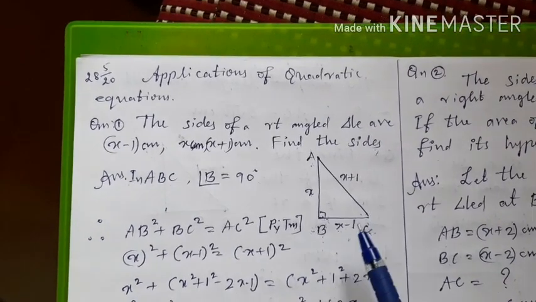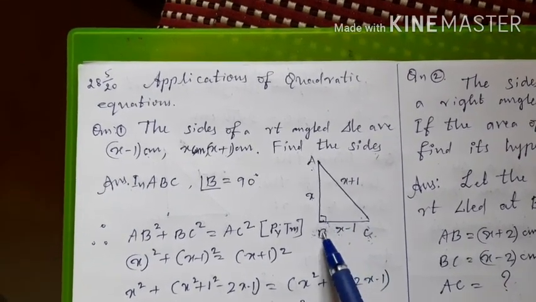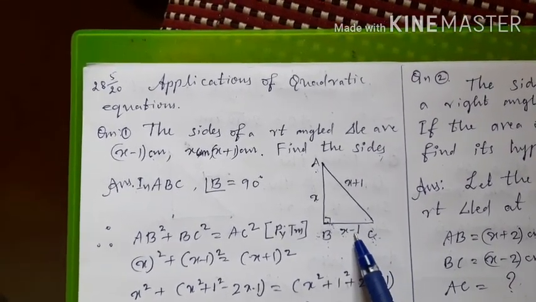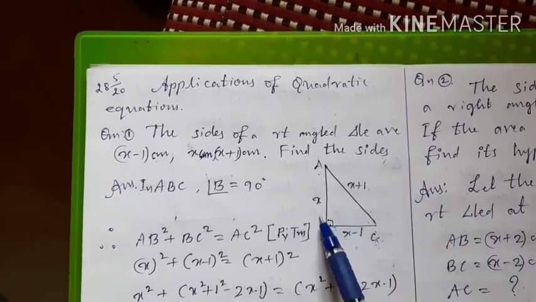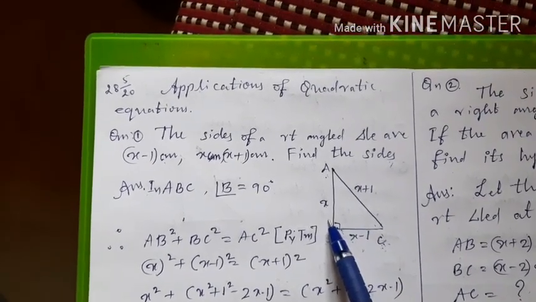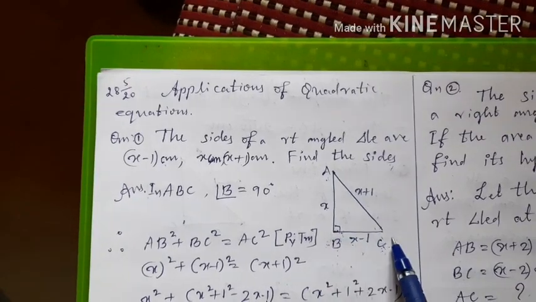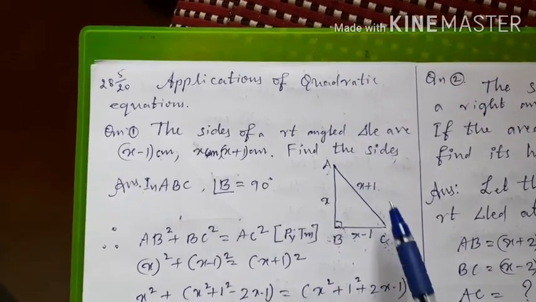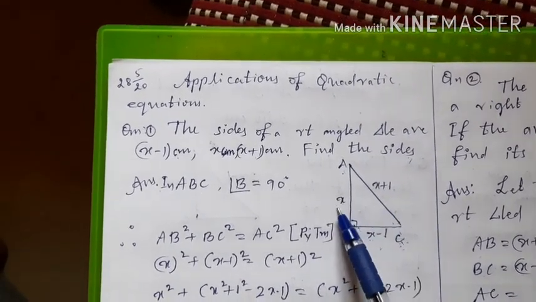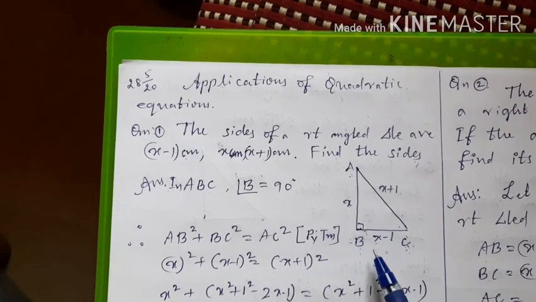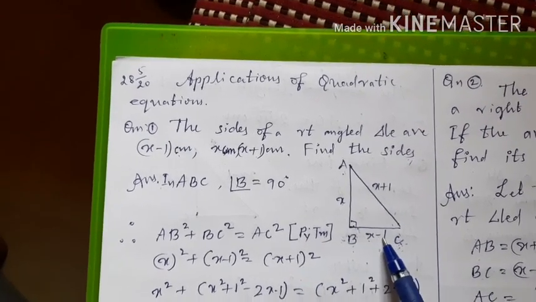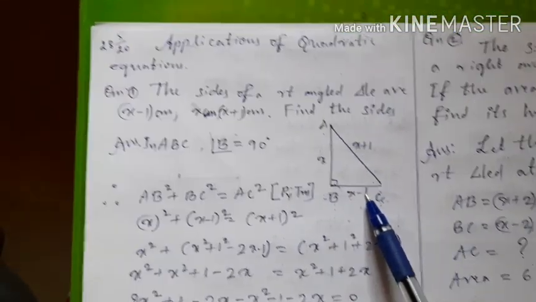So if I make x minus 1 centimeter as base, then I make x as height. Okay, so ABC is the required right angle triangle in which x plus 1 is hypotenuse, x is height, and base is x minus 1 centimeter.